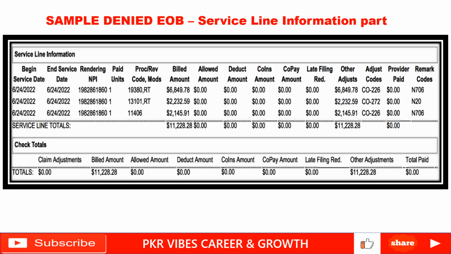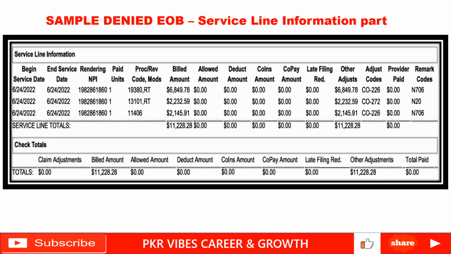This 11406 is the example on this denied EOB I am explaining. There is no modifier appended, and it has a billed amount of $2145.91. I mean, $2145.91 is the billed amount, and the allowed amount is zero. Patient responsibility is zero.